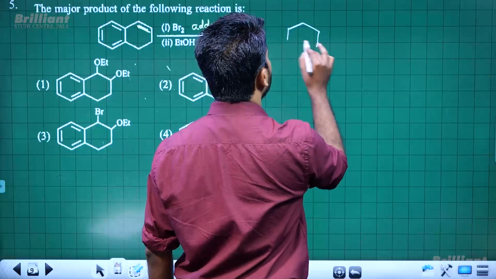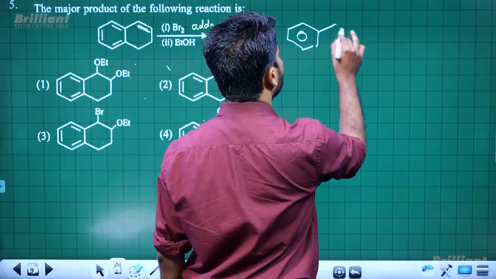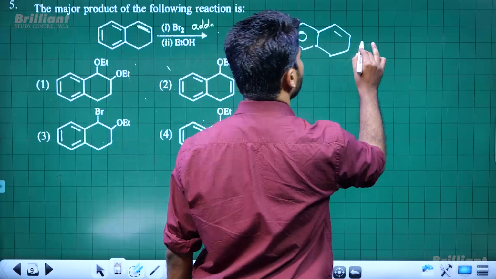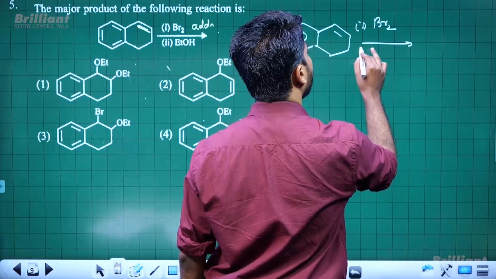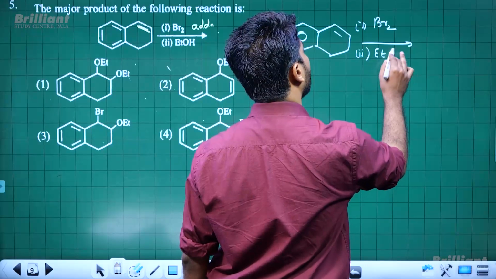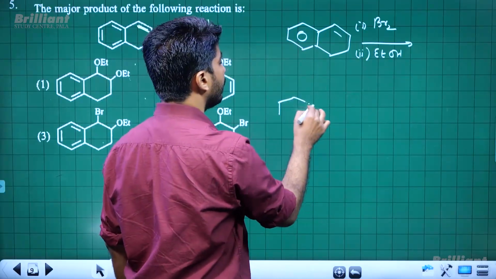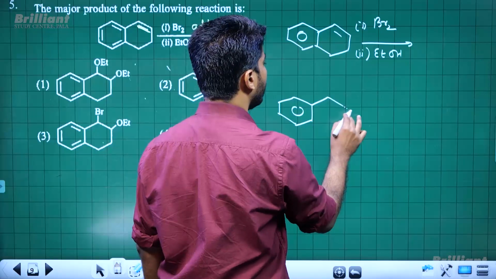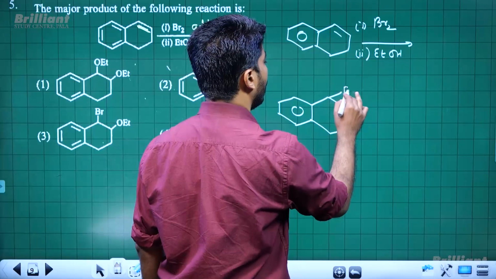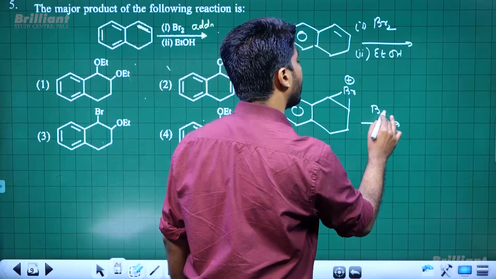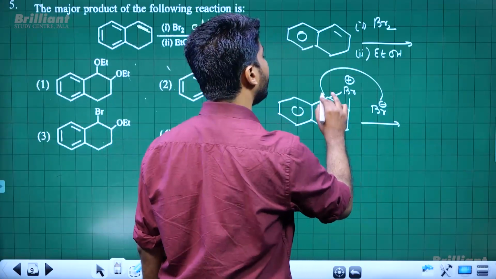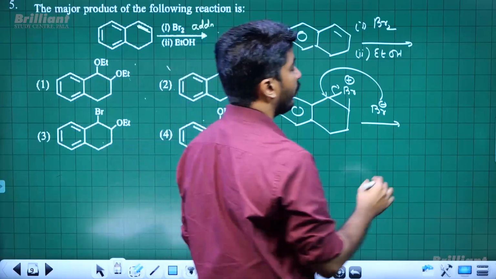So let me redraw the structure. This is the question, so let's start. First of all, addition reaction occurs. We know cyclic bromonium forms from the previous session, and Br minus attacks on the carbon where positive is more stabilized.